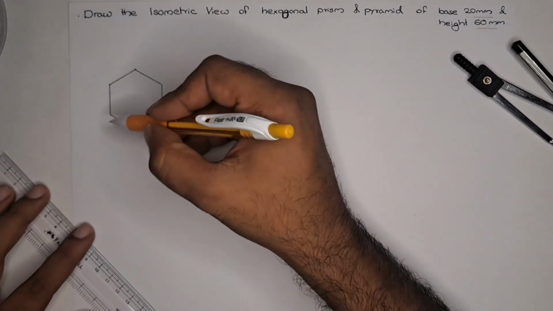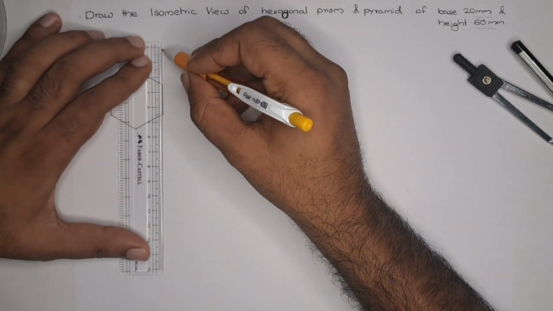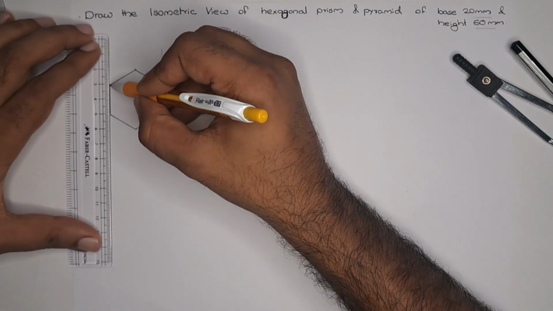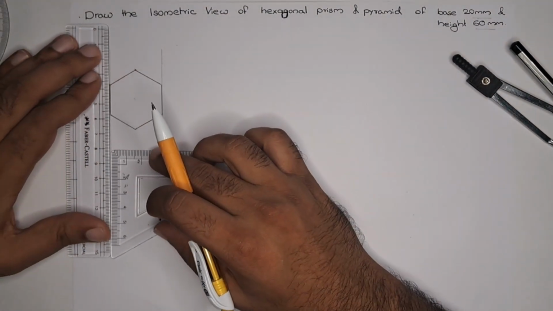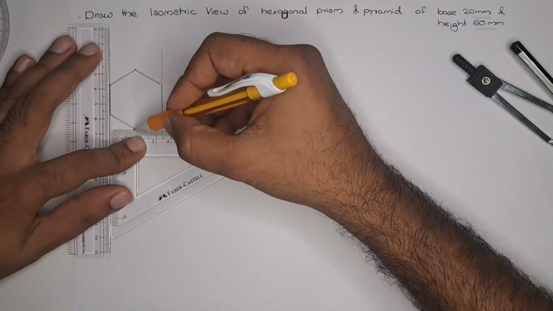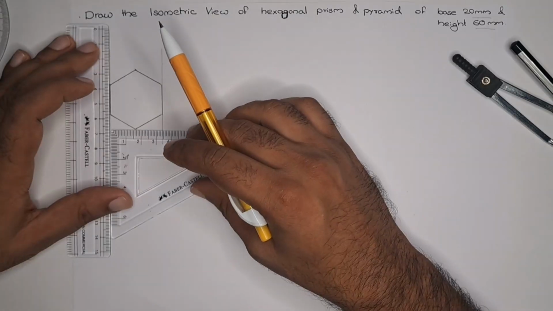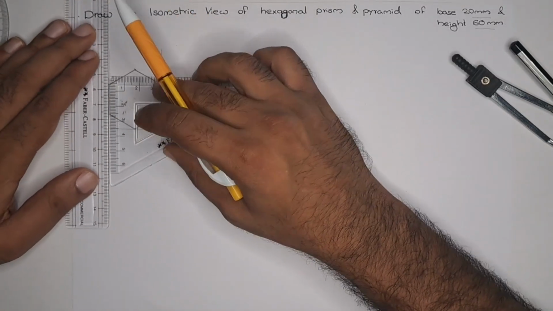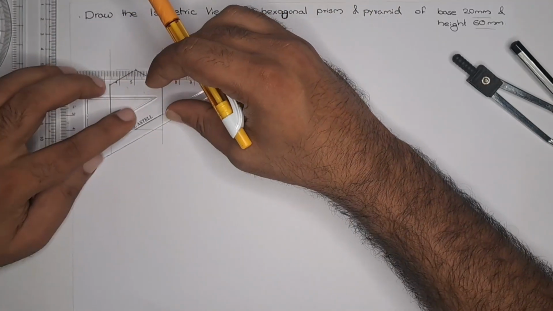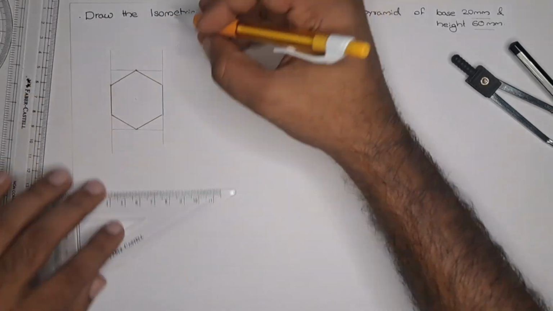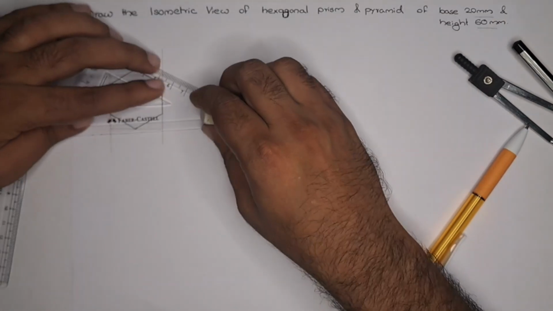Now we have to create a box covering the hexagon. Now we can wipe off the extra edges.